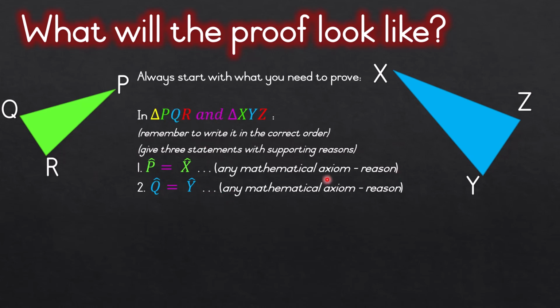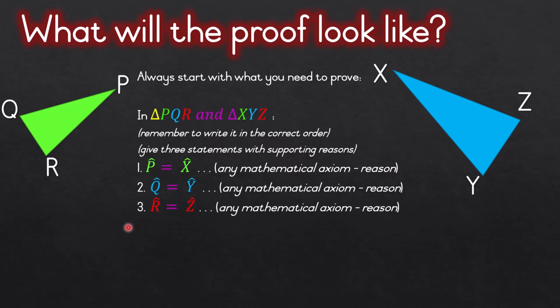Again, you have to give a reason. If you just write that, it means nothing. You will not even get half a mark. Next, you need to prove R and Z, again with any mathematical axiom or reason. Now we've given 3 statements and 3 reasons. Now we can say that we've proven what they've asked.